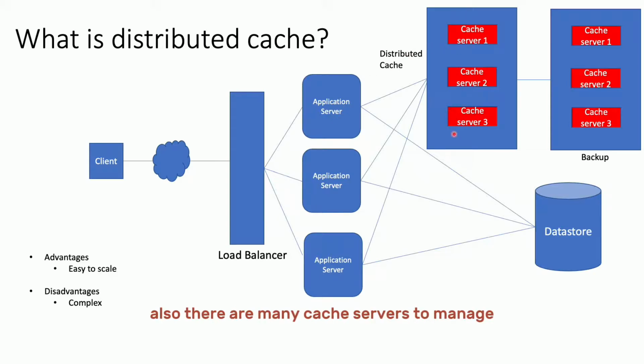Also, there are many cache servers to manage, and we need to make it easy to scale, such as adding more cache servers, and also we need to ensure its availability. So distributed cache is very complex. I'm planning to make another video to introduce more about distributed cache.